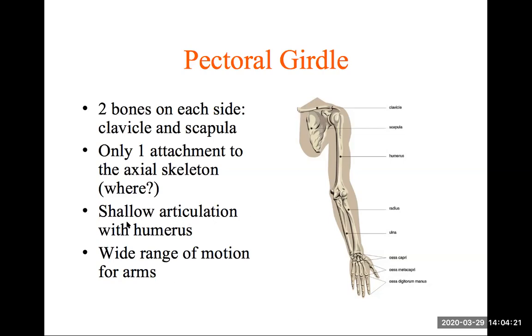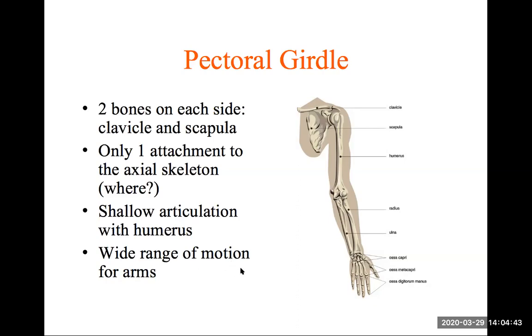There's also quite a shallow articulation between the pectoral girdle and the humerus. What this really means is that the connection between the humerus and the scapula is this wide, not terribly deep articulation. So what it means is that you can really move your arm through a wide range of motion.